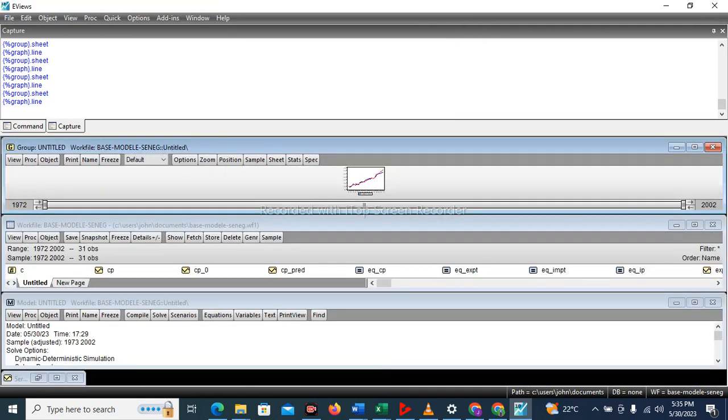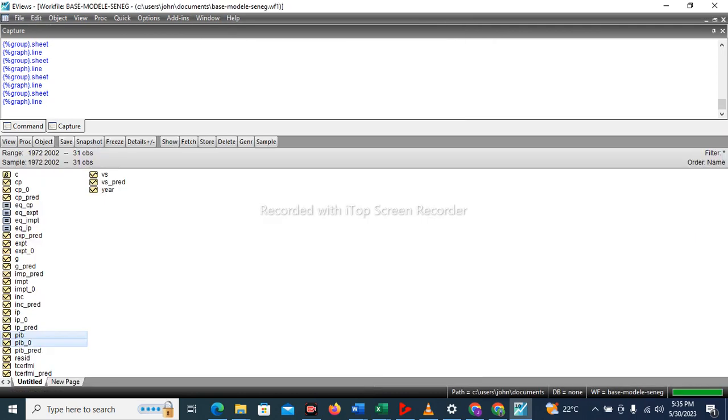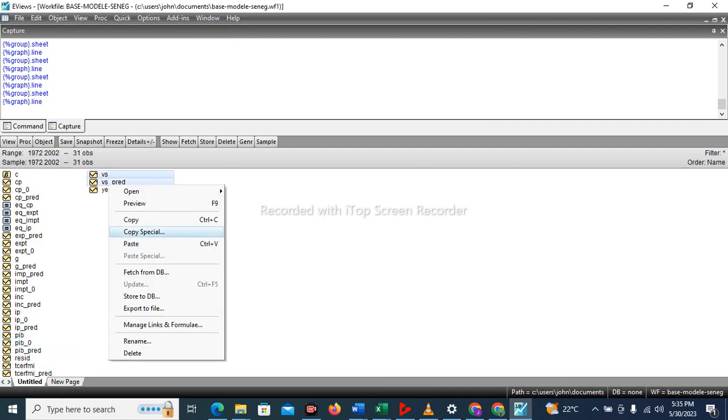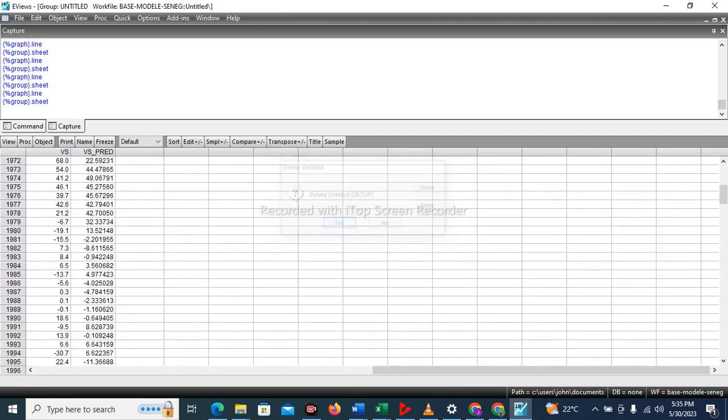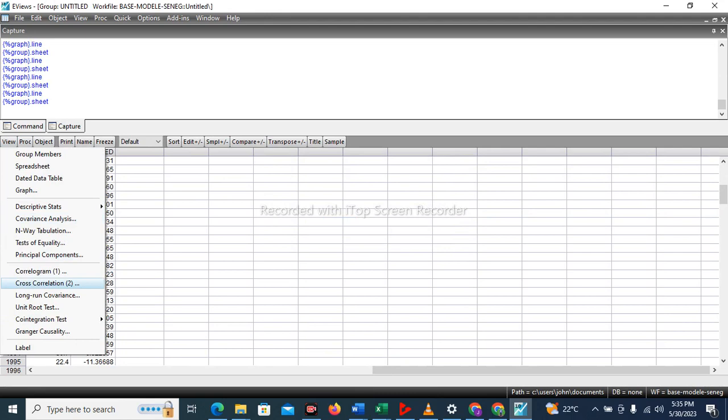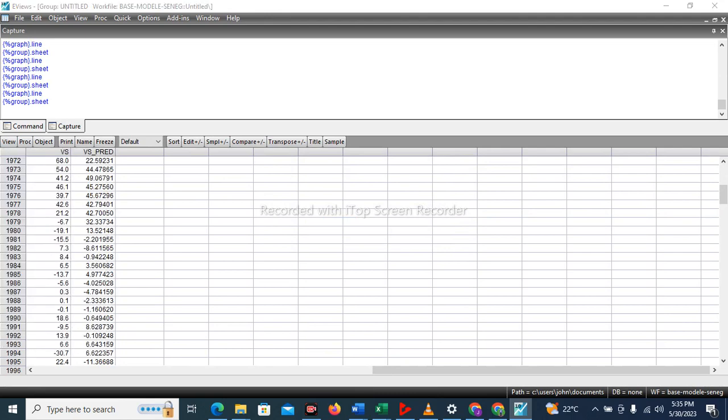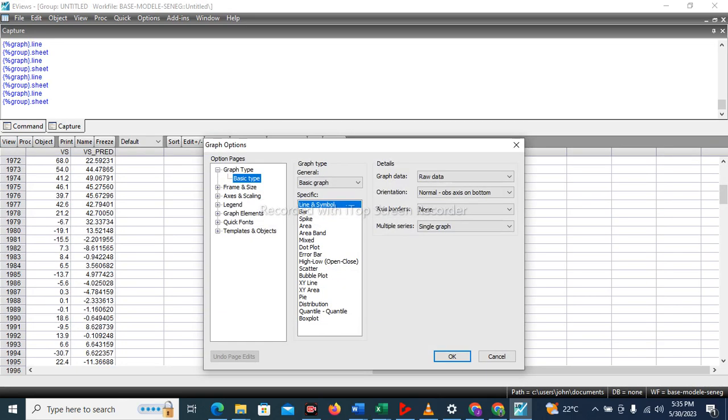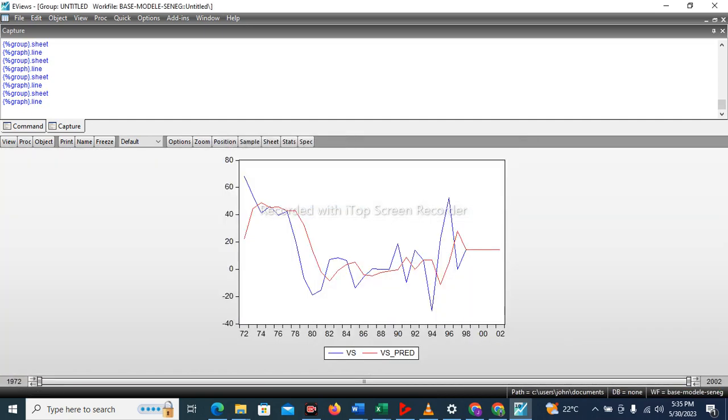Finally, let's look at change in inventory. Change in inventory, open as a group. Let's see how well it can predict our values. There we have it. Of course, again, not that bad.